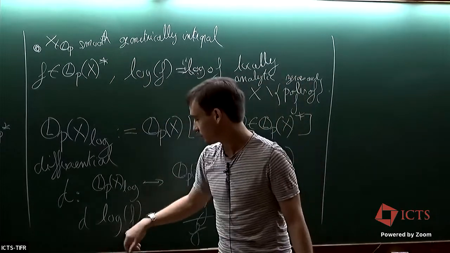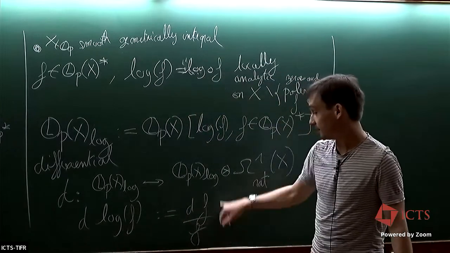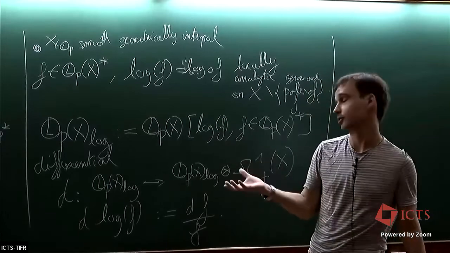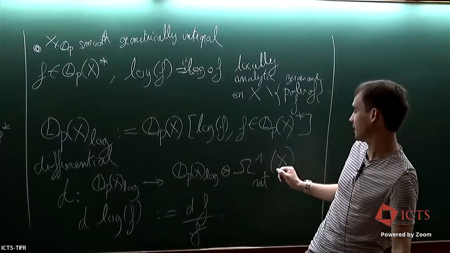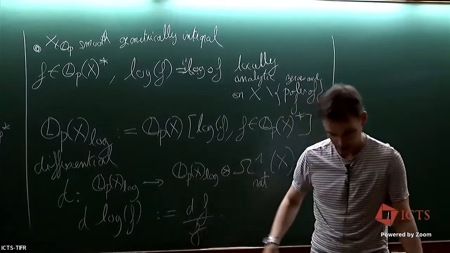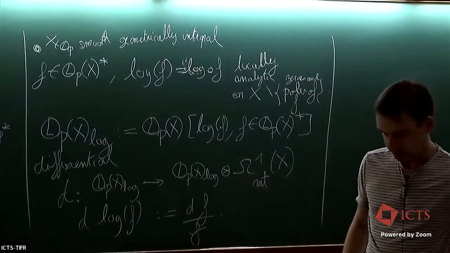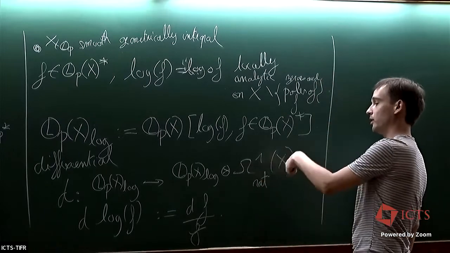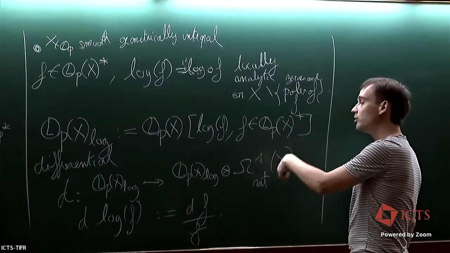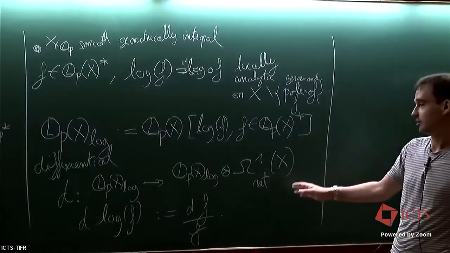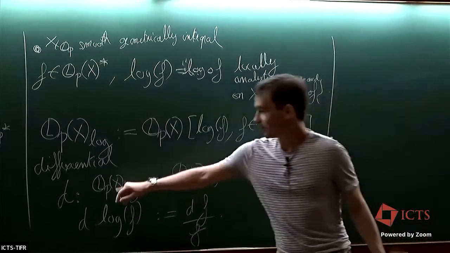When you take the differential, you get into omega 1 of X. So it's a usual differential form divided by a usual rational function. So it's inside this space of rational one forms. So they are not global, they are just defined over an open subset like this. So you start here, you get back here.